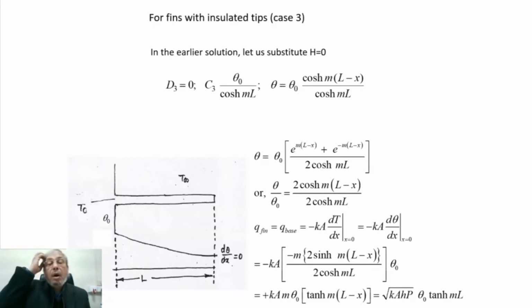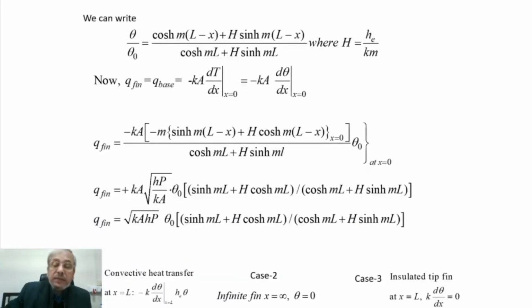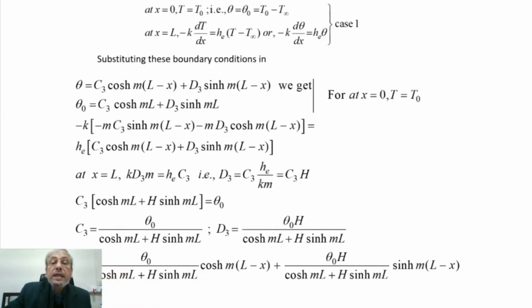So, first, it is very easy to extend this analysis to the insulated tip fin. For an insulated tip fin, k dT/dx will be 0. That means this h by km, which comes from here, should be 0.